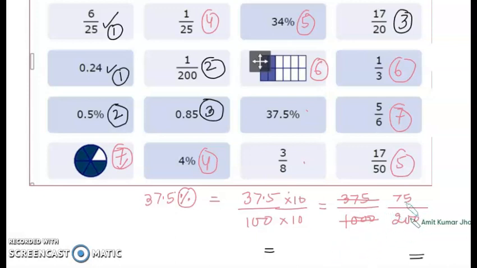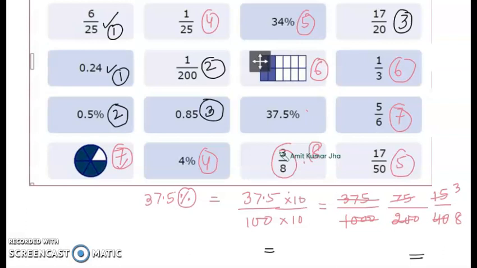Now again divide by 5, so you get 15 and you get 40, and again divide by 5, you get 3. 5 3s are 15 and 5 8s are 40. So you are getting this.